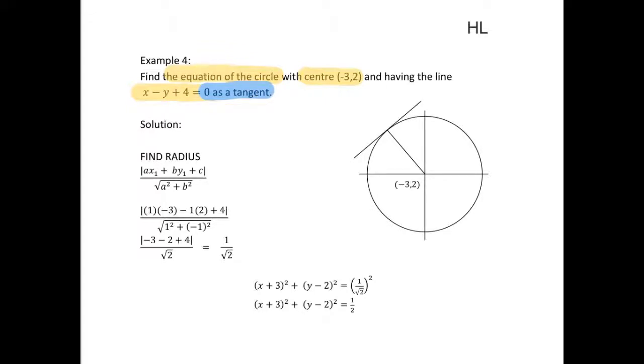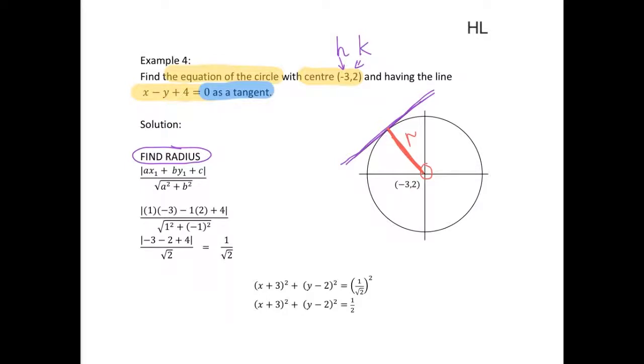We have our centre, so we can fill those numbers into our formula for our h and our k, but we need to find our radius. Again, we're given a tangent. So the perpendicular distance from our centre at (-3, 2) to this tangent will be the radius of our circle, r.